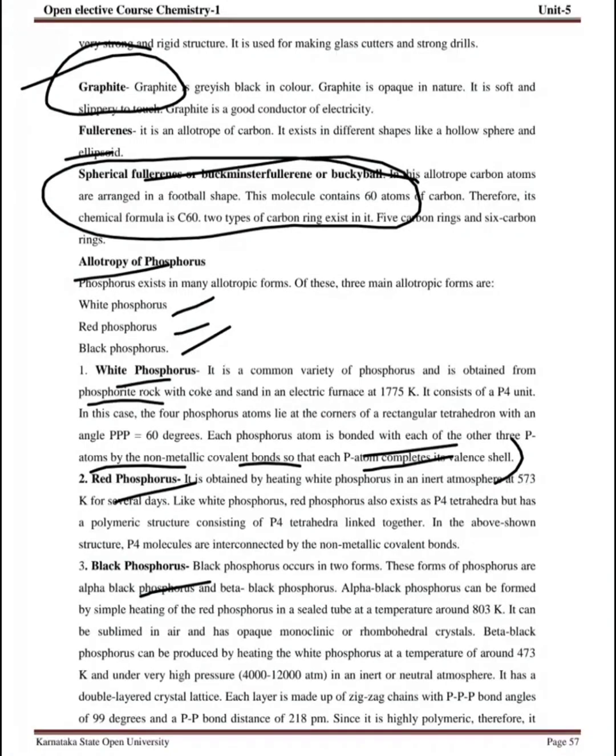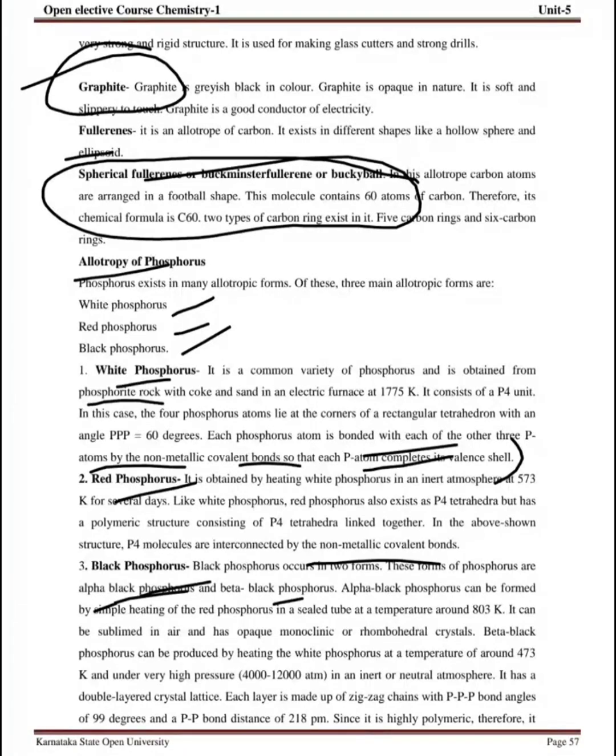In black phosphorus, here it has non-metallic covalent bonds, as in red phosphorus also. Coming to black phosphorus, it has two different types: alpha black phosphorus and beta black phosphorus.